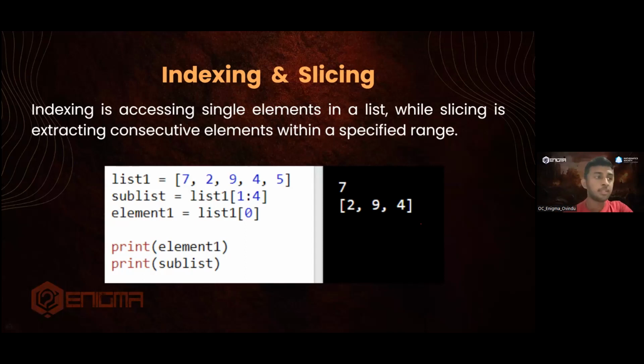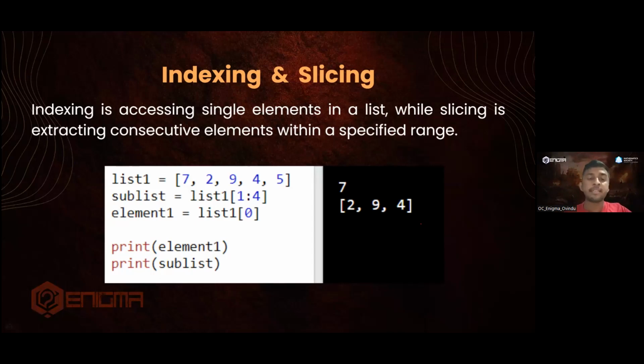Yes, very good. Manodya has mentioned that it would be 2. So always remember, the index of an element in a list is its position minus 1, because all lists in Python are 0 indexed.